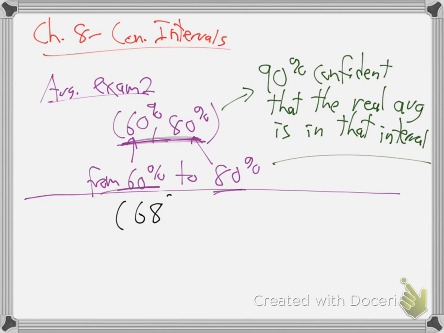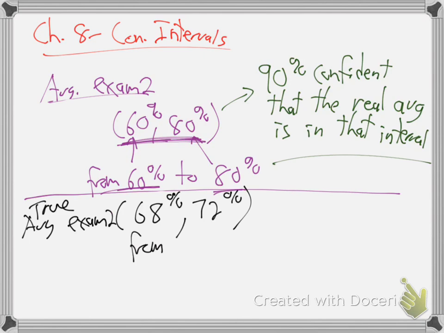Let's go 68% to 72%. I'm saying I think that the true average, the real average on exam number 2 is between 68% and 72%.